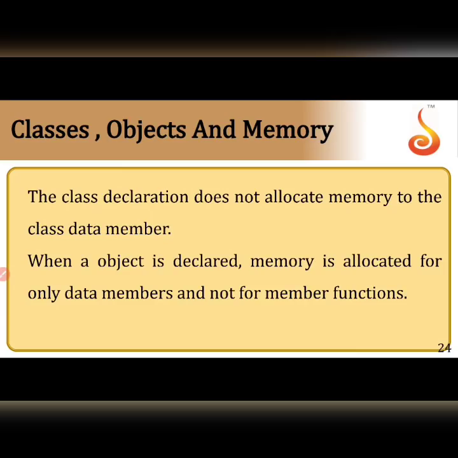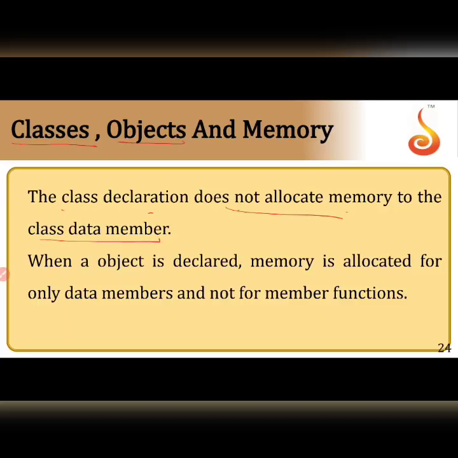Next we will go to objects, classes and memory. Like how much memory would be allocated for an object, a class, and what are they, and how do you find that? A class declaration does not allocate memory to the class. So just creating a class will not allocate memory to it.